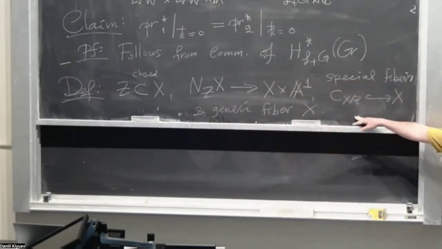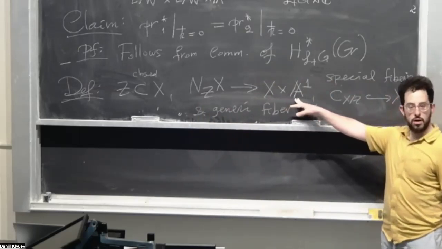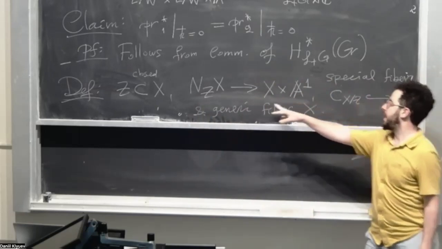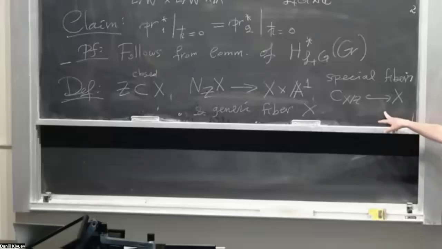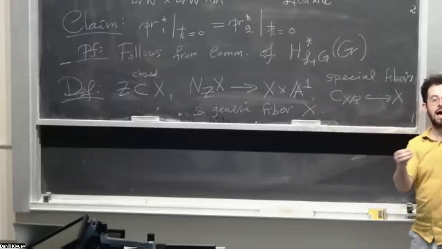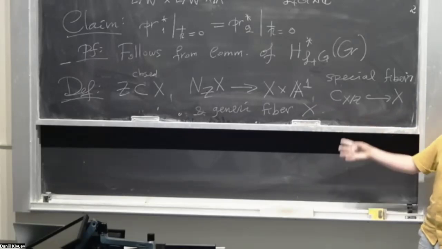So what this is doing is we have a space parameterized by A1, and everywhere we have the original space, but over 0 we also add infinitesimal direction in the direction of Z. So it's like one step before we are doing a blow up.